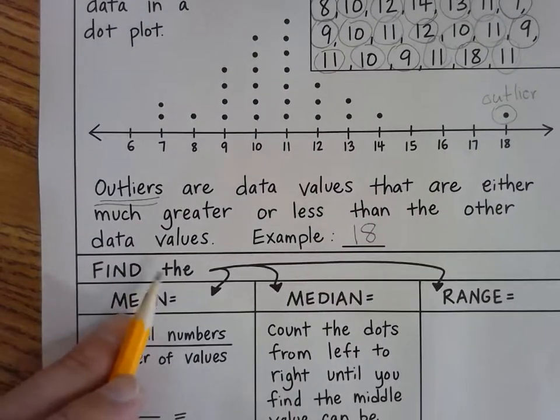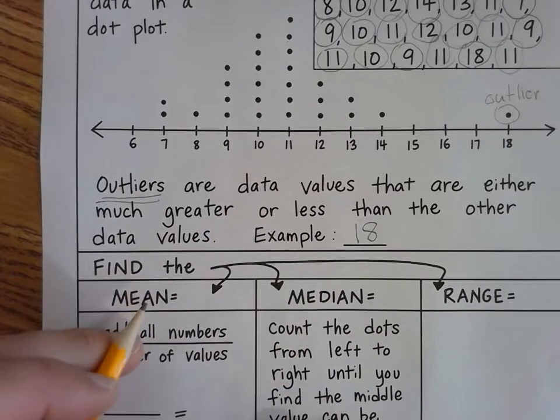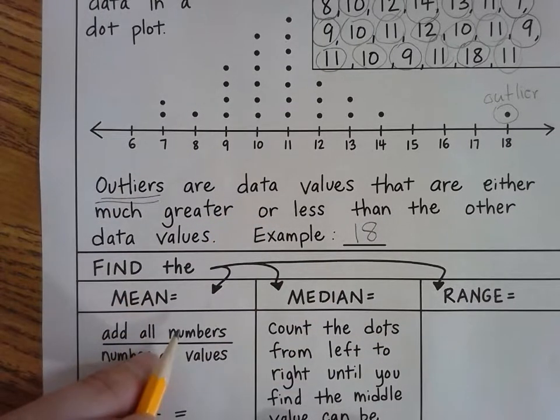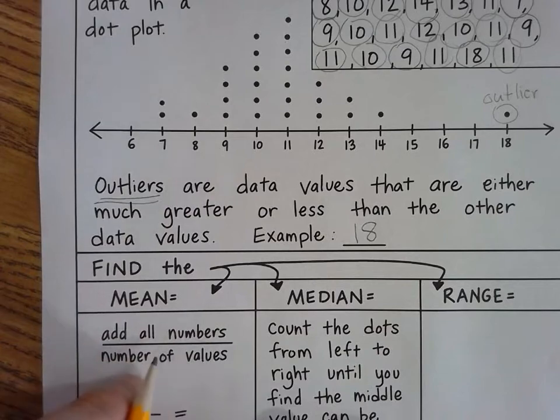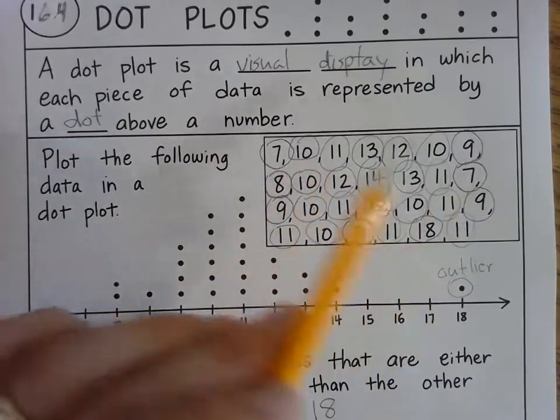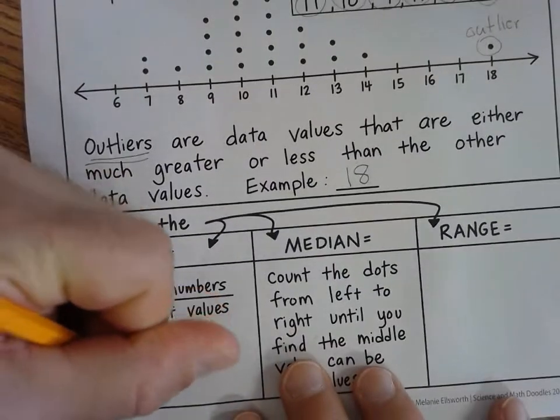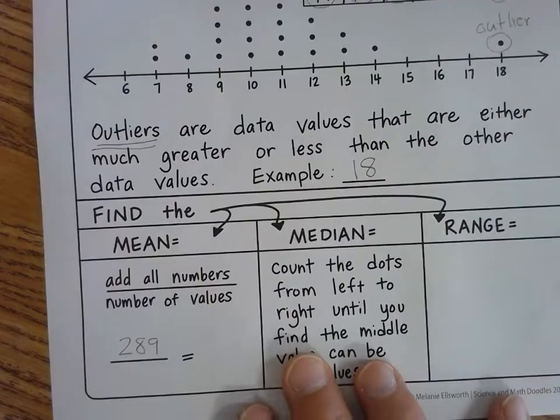All right. So if you want to talk about the mean, median, and range, remember the mean, you add up all the numbers and you divide by the number of values. So to save us some time here, if I added up all these numbers, I'm going to get 289.